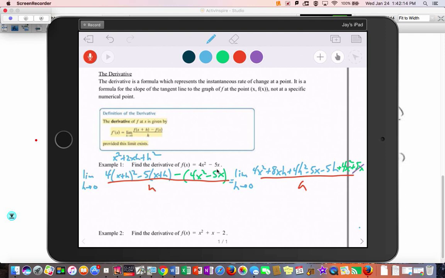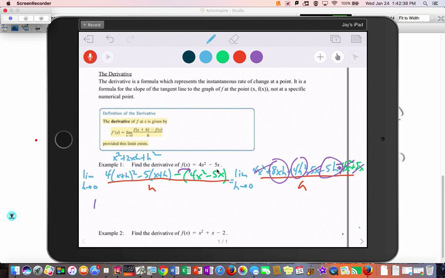So my 5x goes away because this one is negative. 4x squared, when I distributed this, it's showing up. I accidentally wrote positive. It's supposed to be negative. So that'll get rid of the positive 4x squared. So these are the 3 terms that I have left.